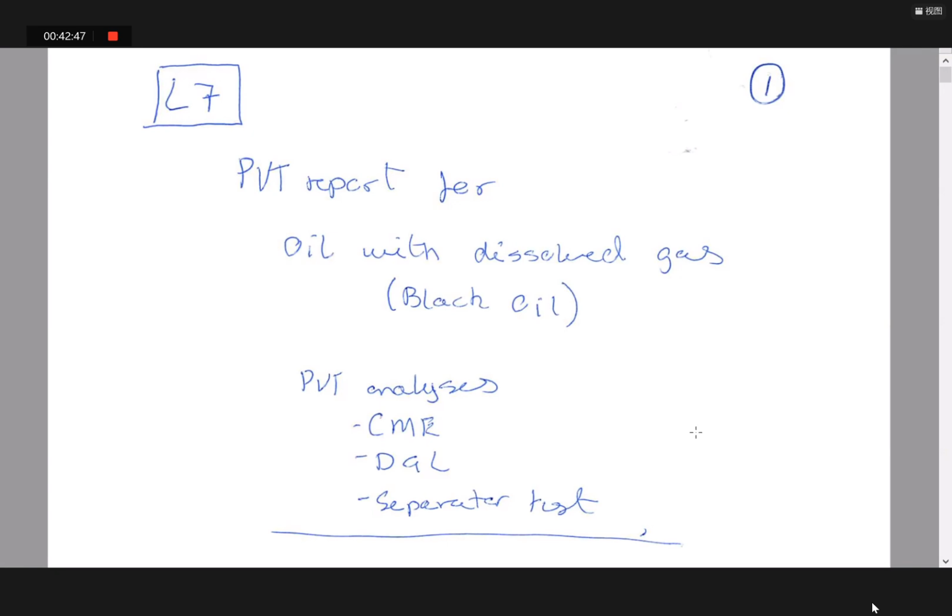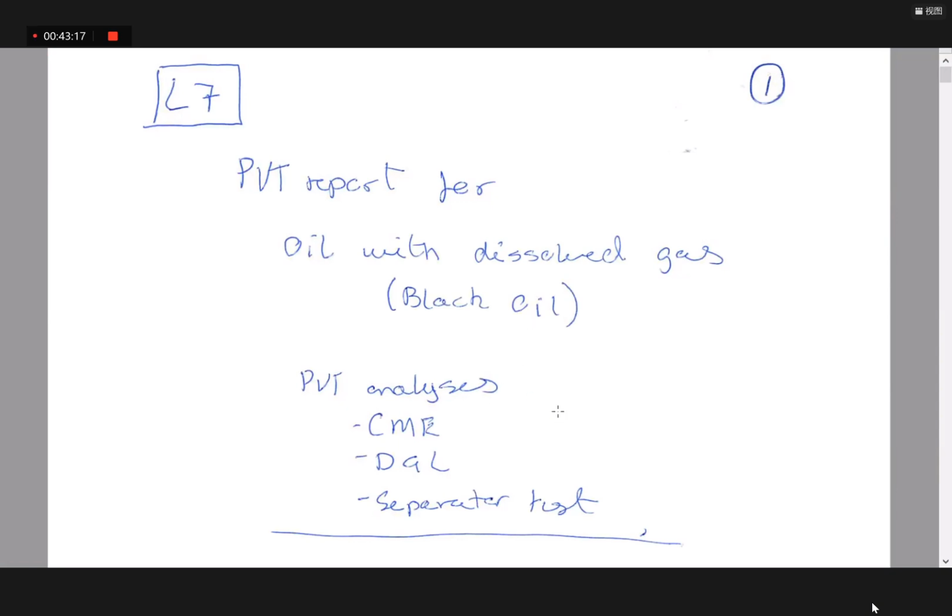Okay, we will look into, as I said, oil with dissolved gas, or this is a typical what we call a black oil. Black oil is just oil with low GOR. No big deal in between. So the amount of gas that is dissolved into the oil is relatively limited. So the GOR is low.